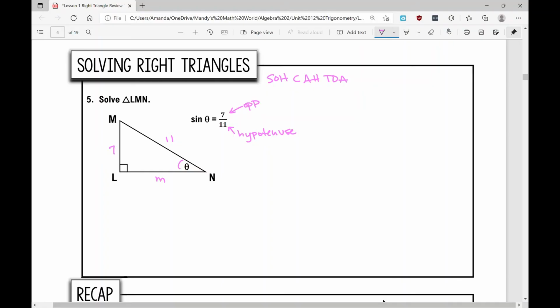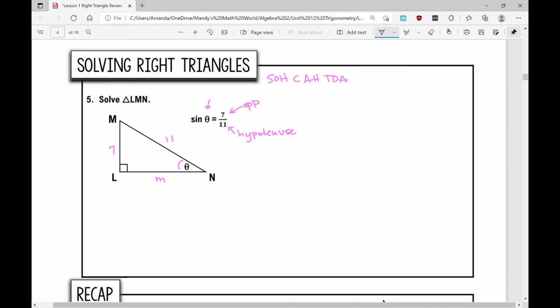So the first thing that I'm going to do is I'm going to actually find the angle for theta. Okay, so the degree of this. And I've got my equation written right here. If the sine of theta is 7 over 11, then we're going to use the inverse sine function, right?